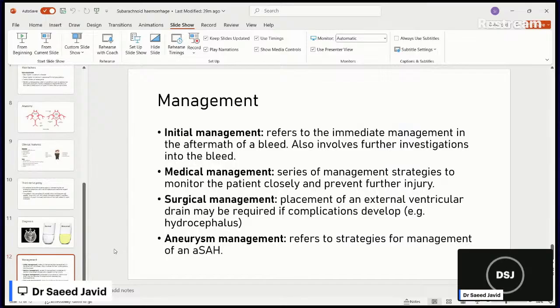Another choice, the second choice, is coiling. That's done by the IR team, the interventional radiology team. They get access through your femoral artery and go up into the aneurysm, and the aneurysm is filled with platinum coils that induce clotting, or what we call embolization, and it closes off the sac. Typically even here a general anesthetic is used.